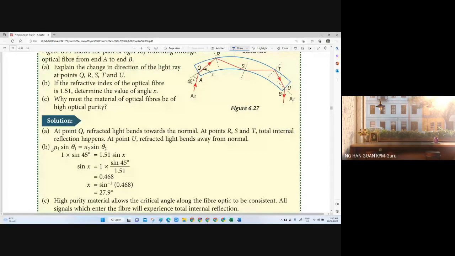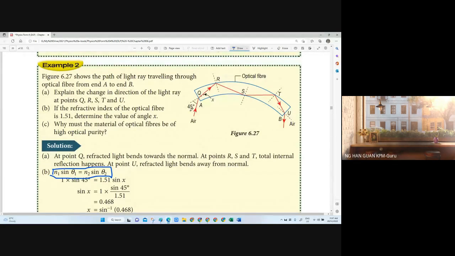we apply Snell's law, N1 and N2 here. So N1 is refracting from A into N2, to determine the angle x here. This is by using the refracted angle. This is not the total internal reflection, right?